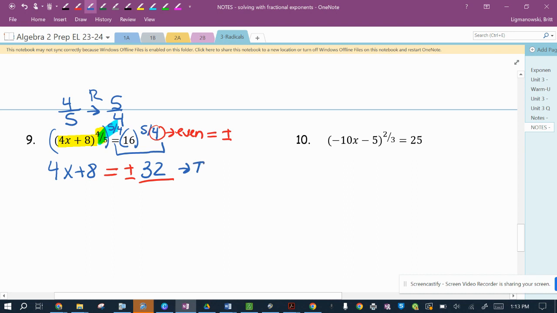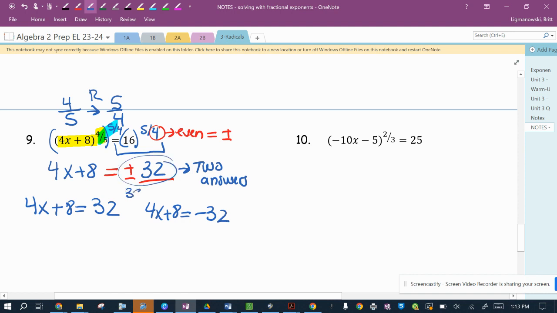This means I'm going to have 2 answers. So I need to set 4x plus 8 equal to positive 32, and 4x plus 8 equal to negative 32, because remember, this is really 32 and negative 32. It's 2 answers. And then we need to solve each of these for x.